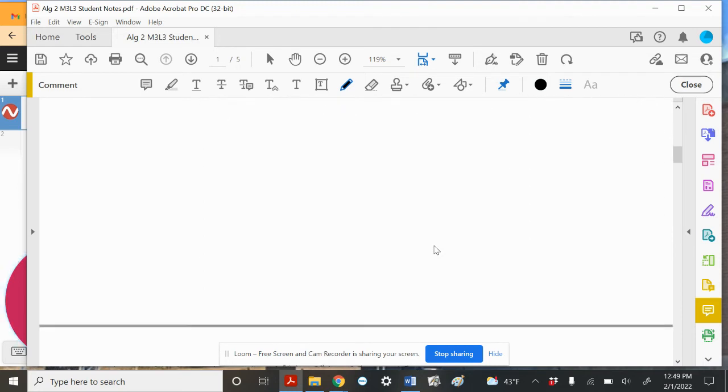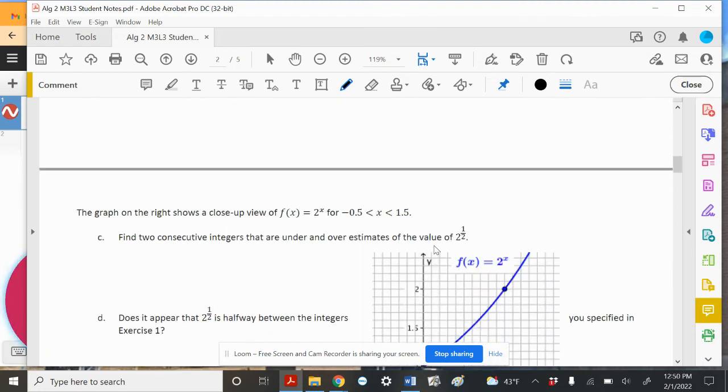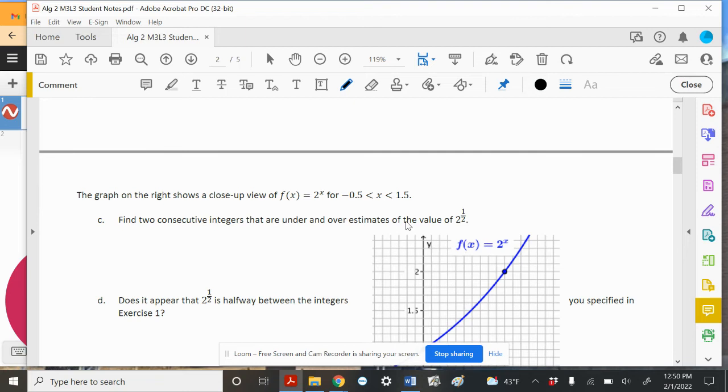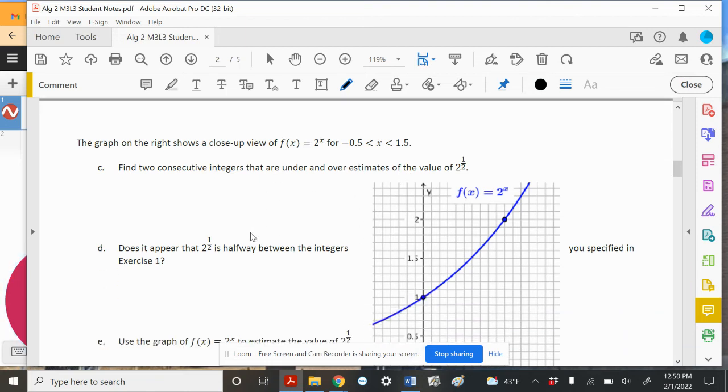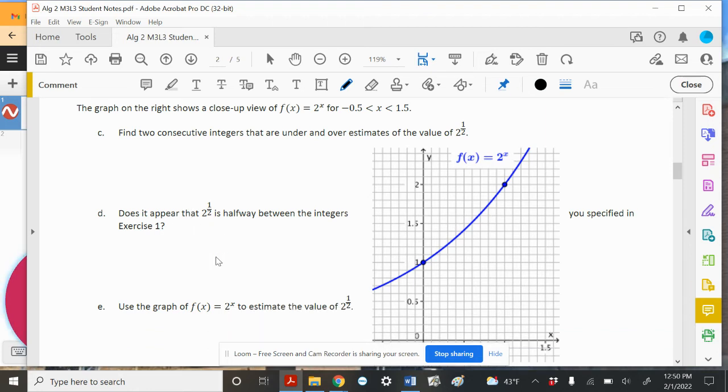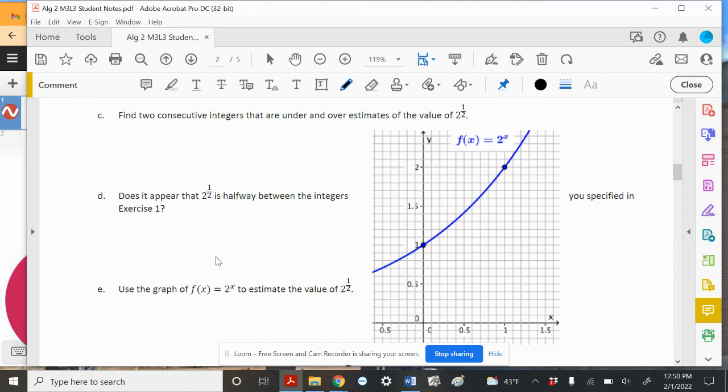So now what it says in this problem is that we want to find some consecutive ones, but you'll notice the graph here, which is what we see on Desmos. Does it appear that 2 to the 1/2 is halfway in between the integers? So 2 to the 1/2. So when x is equal to 1/2, which is right here, if we go up, you'll see that it's located right about there.